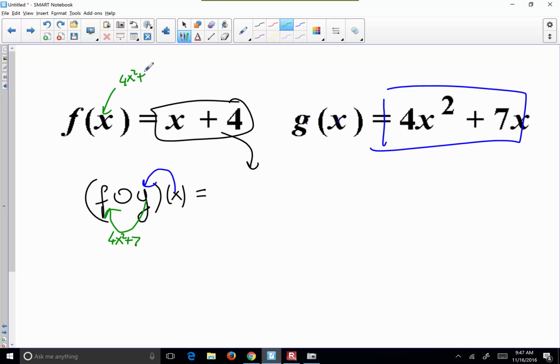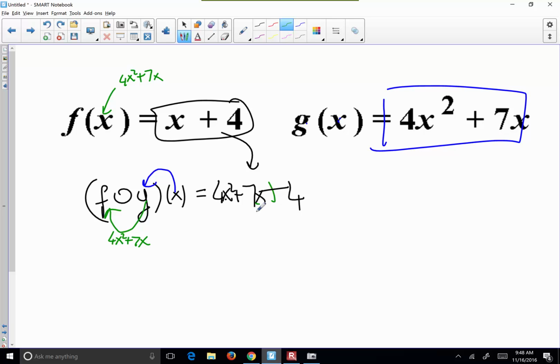4x squared plus 7 going in. So you need to empty all the spots with x's. So this is actually x plus 4. We start with x plus 4, but you need to erase x, because no longer x is going in. 4x squared plus 7 is going in, and make this 4x squared plus 7x. It's 7x.